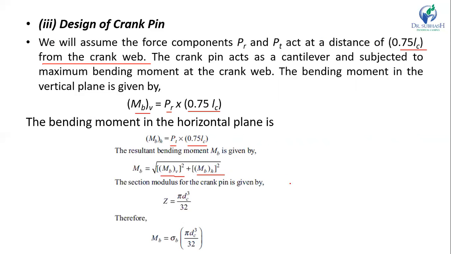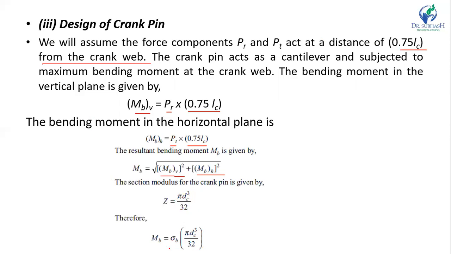Now we know that sigma B is equal to M by Z, where Z is the section modulus. Therefore Z is equal to pi by 32 DC cube, where DC is the diameter of the crank pin. So MB is equal to sigma B into pi by 32 DC cube.